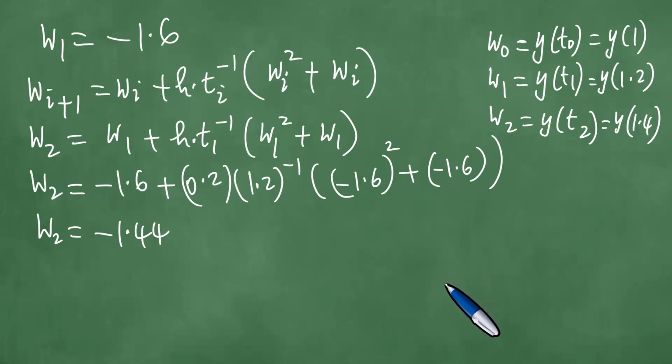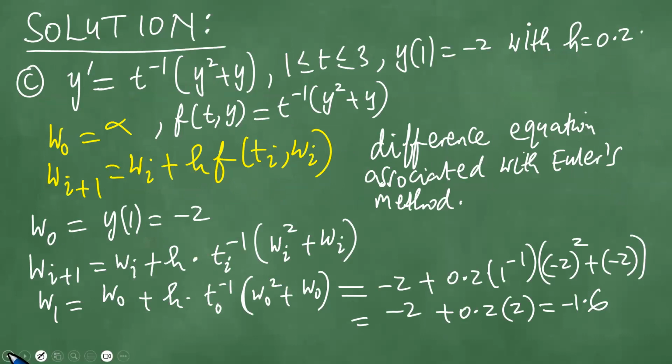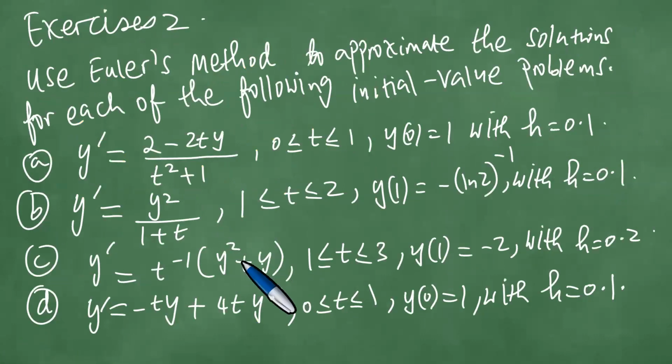We can go through all these, but there are a lot, because you must go up to 3. T lies between 0 and 1 and 3.